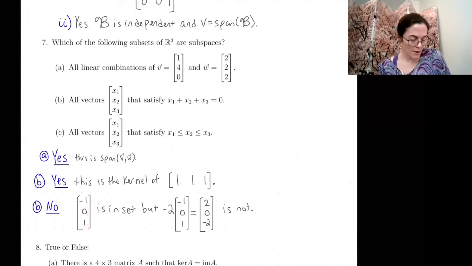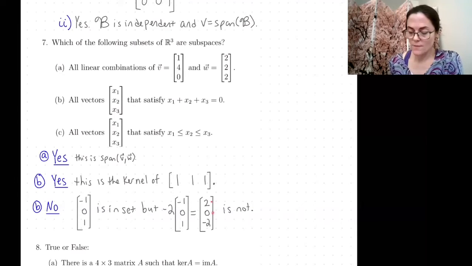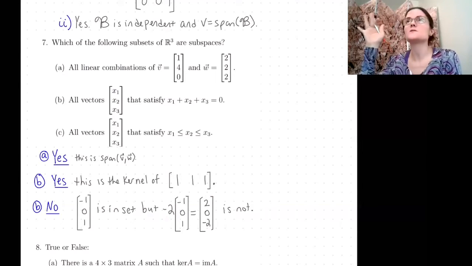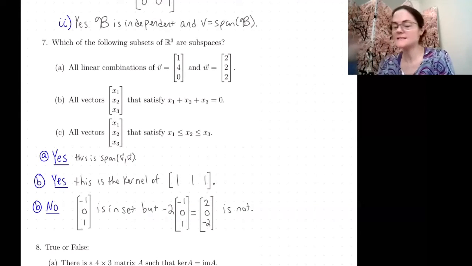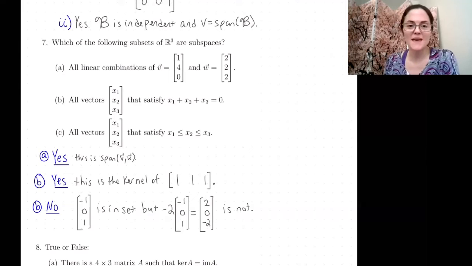But here is a multiple of it. -2 times this vector is this vector, 2, 0, -2. This is not in this set because, well, 2 is bigger than 0, is bigger than -2. Okay, not in the set. So in fact, we do not have, this was the terminology, closed under scalar multiplication. This set is not, so it's not a subspace.